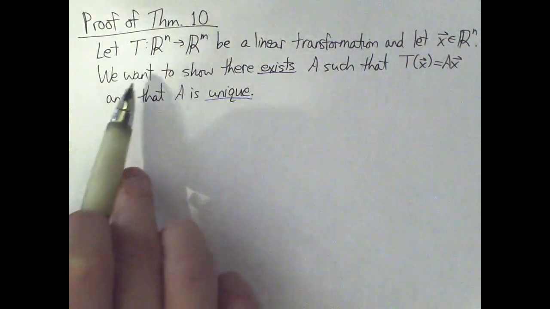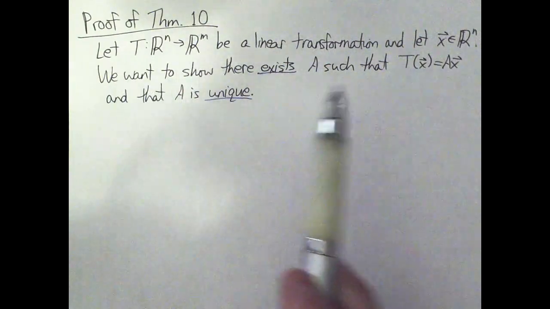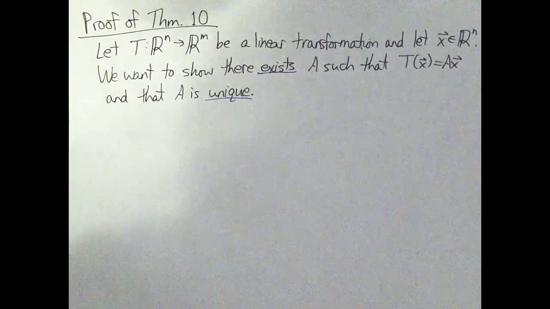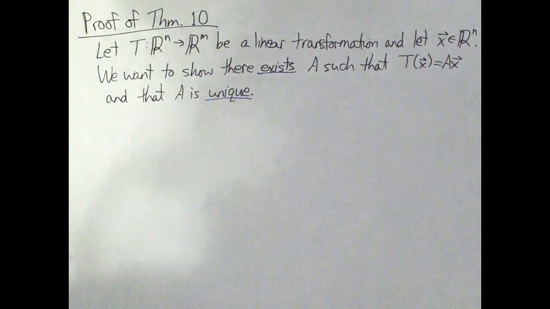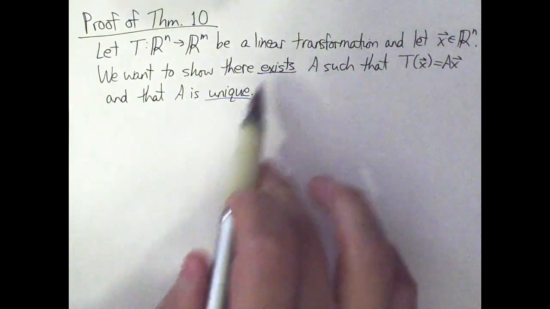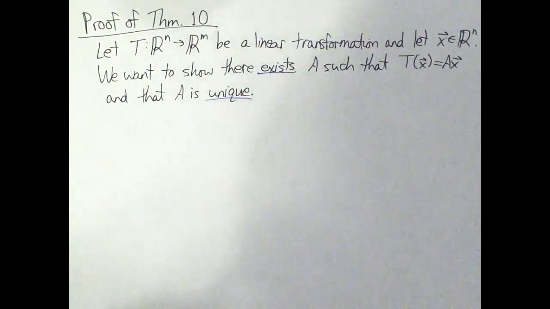I sometimes like to write a sentence like that to guide the reader and explain what we're about to do. So I think that sentence is nice, but technically you could leave it out and it would be fine. There are a lot of things in math where you want to prove that something exists and that it's unique. And existence and uniqueness proofs show up in other courses also.